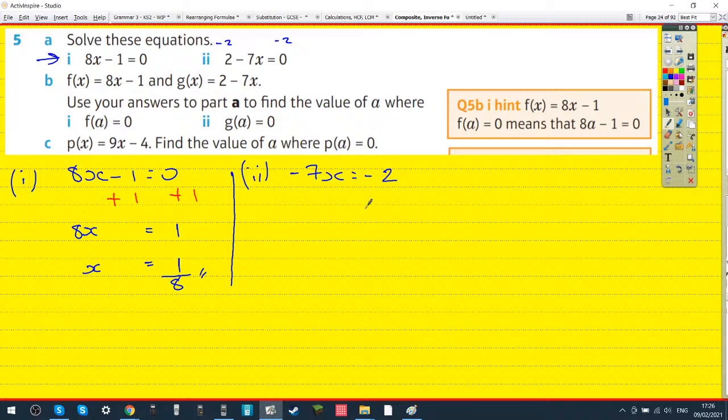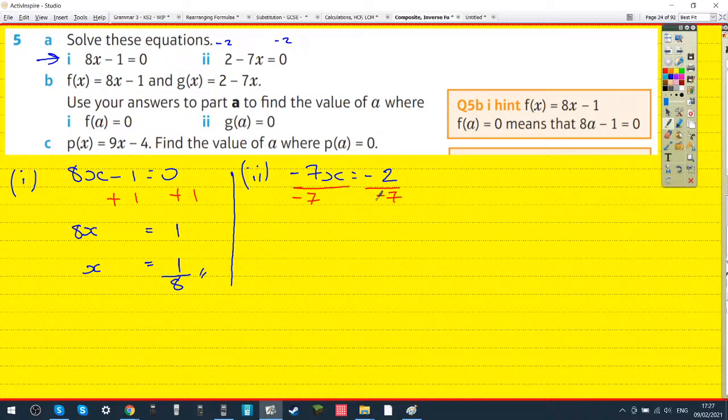And you need to get rid of -7. So you divide by -7.